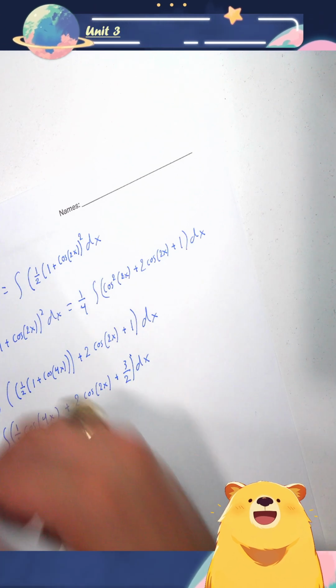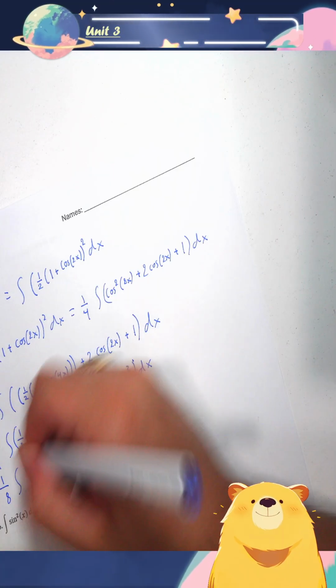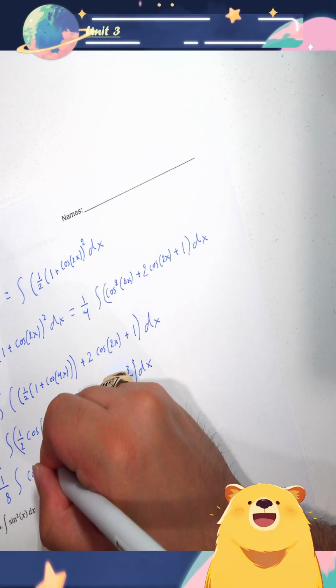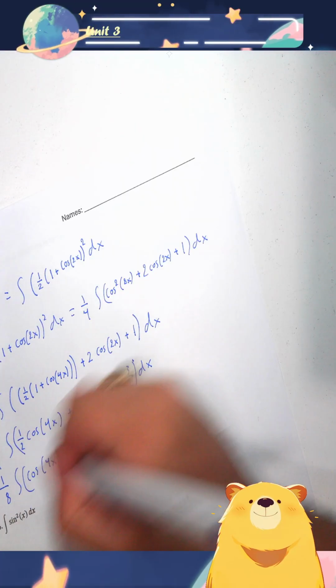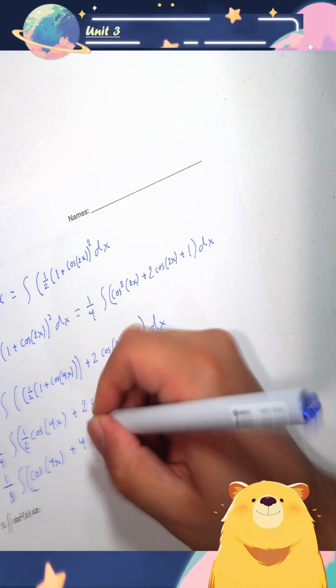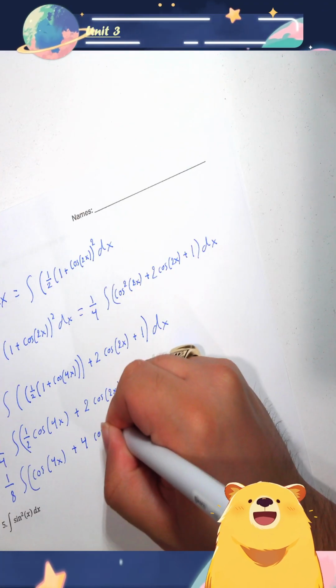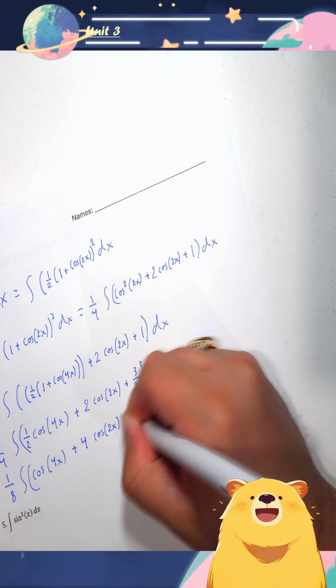I'm gonna do it just because I think maybe it would be more helpful. 1/8 cosine of 4x plus, in this case, it'll be 4. So you factor out 1/2 of that, cosine of 2x, then plus 3.